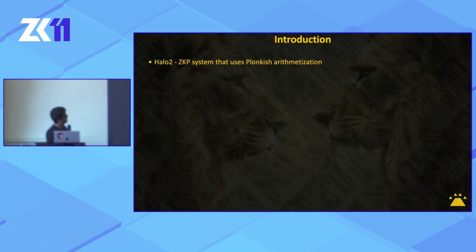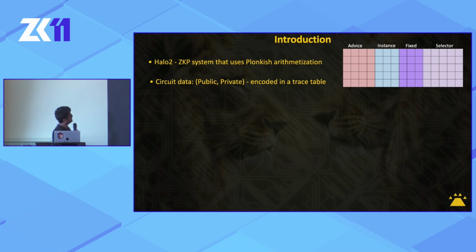So we're going to start with Halo2. Halo2 is a ZKP system that uses a Plonkish arithmetization, which means we have the circuit data encoded in a trace table. So in Halo2, the public data, which is the data about the circuits, the constraints, are encoded in the instance, fixed, and selector columns.